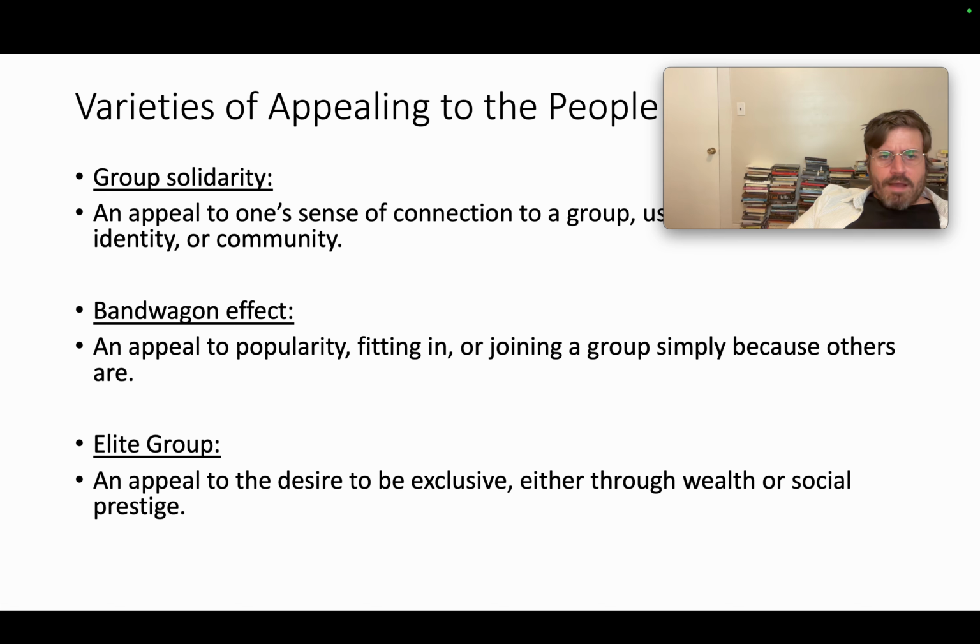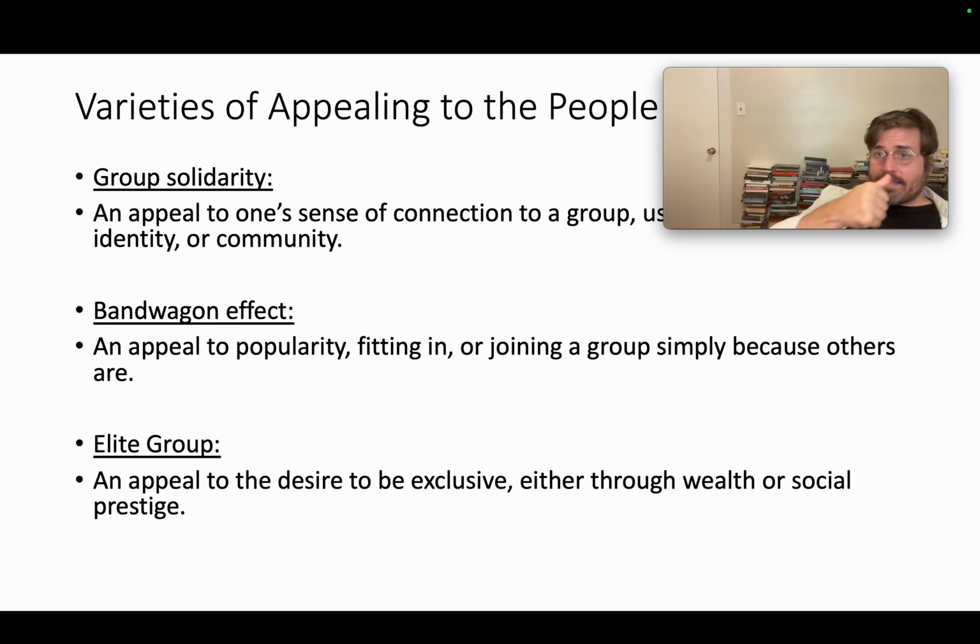Elite group. The elite group fallacy is any effort to appeal to exclusivity or any appeal to a position that might be adopted by a very wealthy or high social status group.